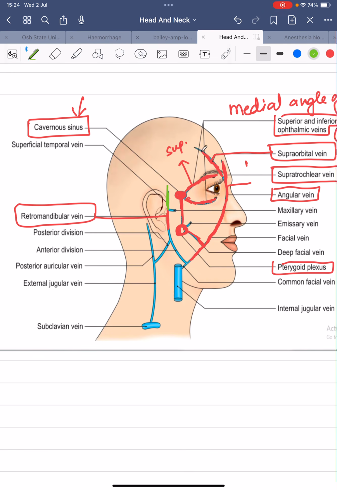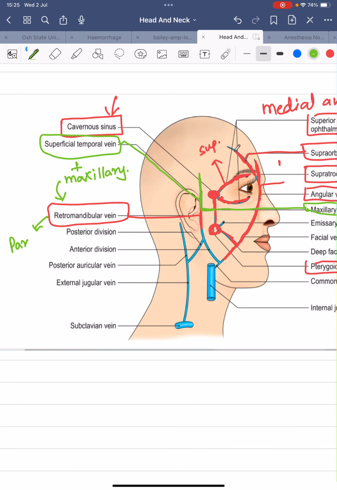This is the superficial temporal vein. When it joins with this vein, the maxillary vein, the maxillary vein and the superficial temporal vein both join together and form the retromandibular vein in the parotid gland.